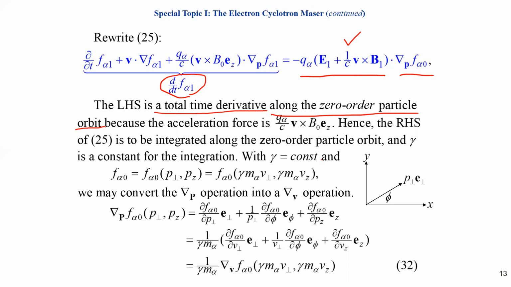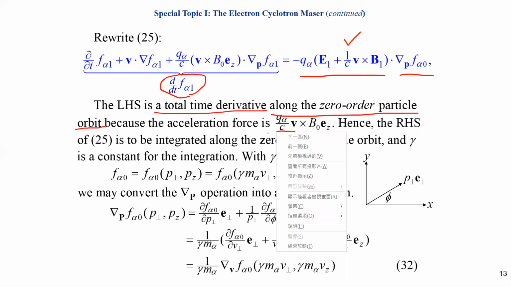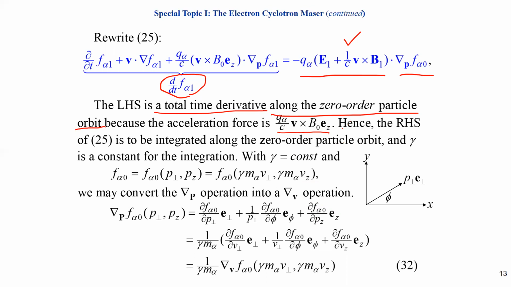Because of the acceleration force and centrifugal force, hence the right-hand side of equation 25 is to be integrated along the zero order orbit, and gamma is a constant of integration, which is a constant because it is a magnetized plasma without E field. So we can rewrite into this one and this one. No big deal.